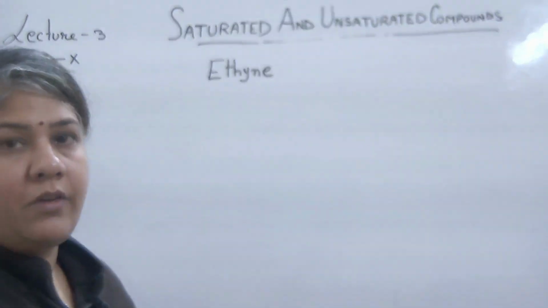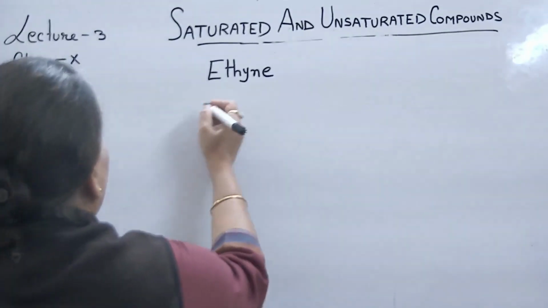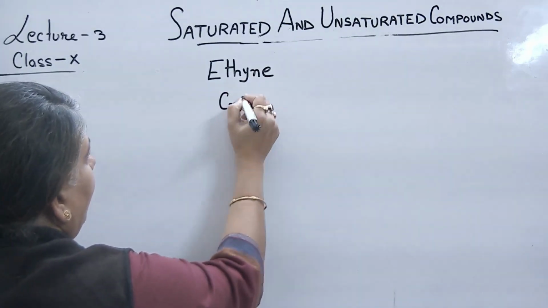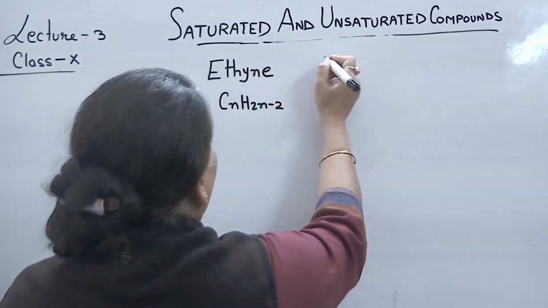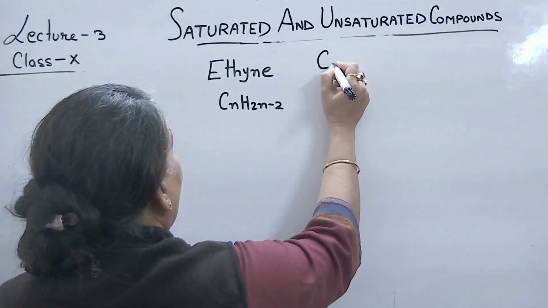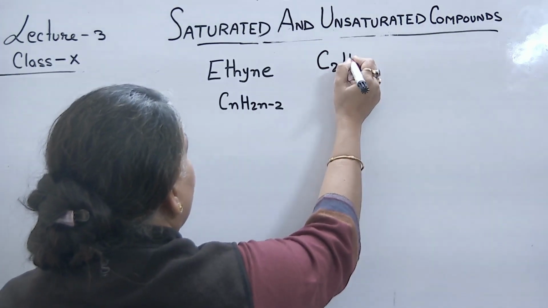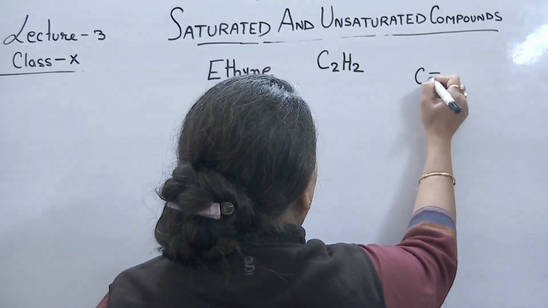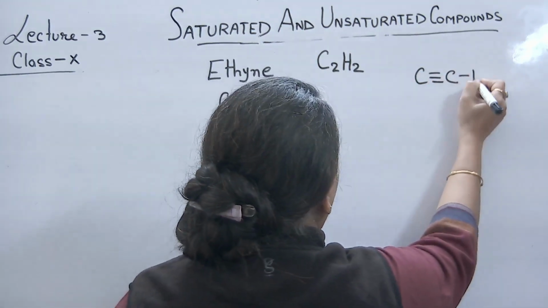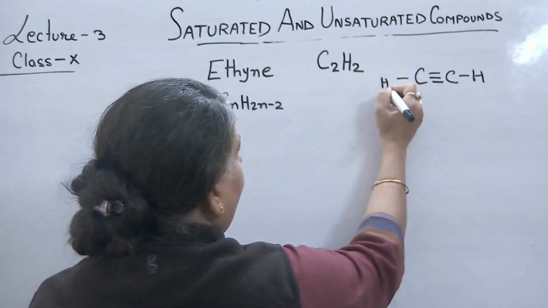The general formula is CnH2n minus 2. So you will have C2H2, then the structure: triple bond, one hydrogen here, one hydrogen here.